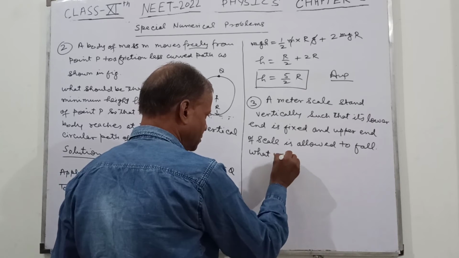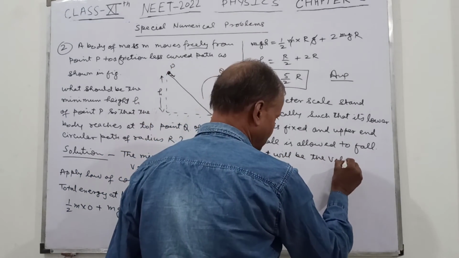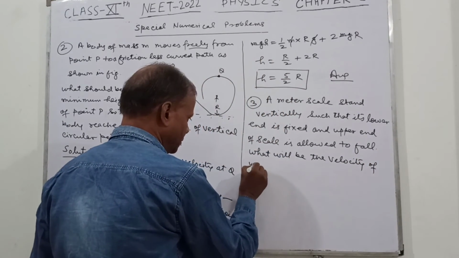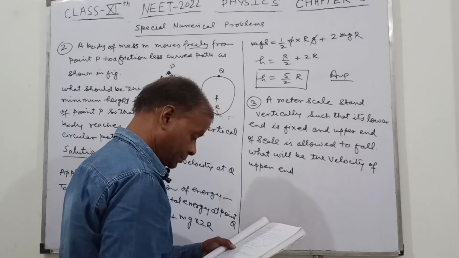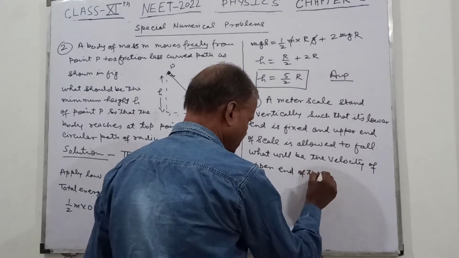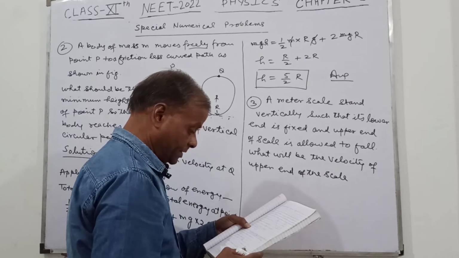What will be the velocity of the upper end of the scale when it strikes the ground?